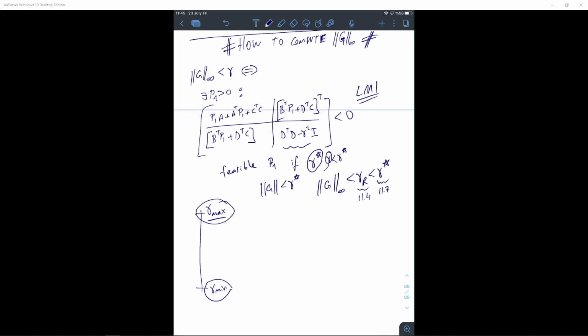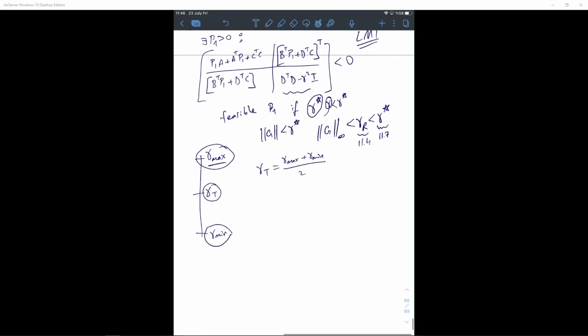And then we are going to find gamma test. It looks like gamma transpose, so gamma test, okay, and gamma test is gamma max plus gamma min, the average of them.